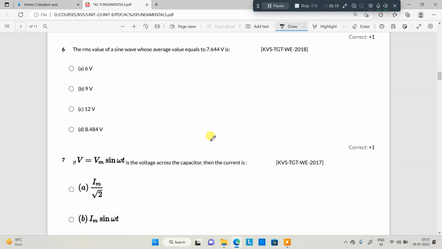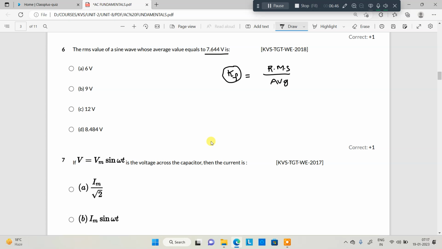Next, the RMS value of a sine wave whose average value is equivalent to 7.644. So you know form factor K is equal to RMS value divided by average value. You know the form factor is constant for sinusoidal waveforms.